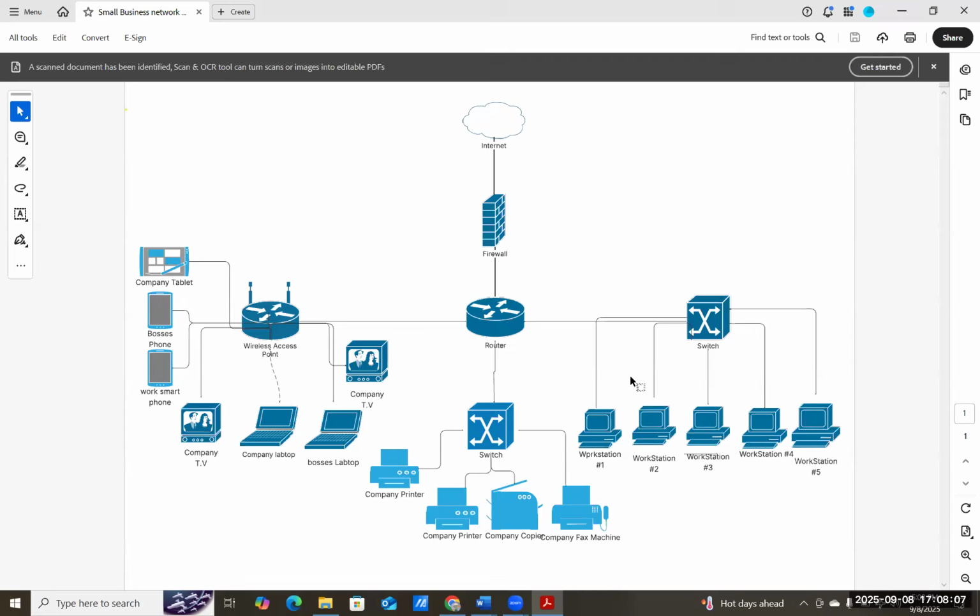There were some devices that were also missing from this, because the telephone, the voice over IP phone, needs to also be connected. So we can place the voice over IP phones over here because maybe this is a cubicle.